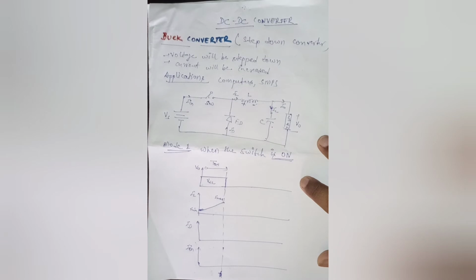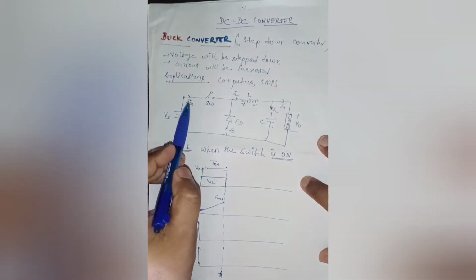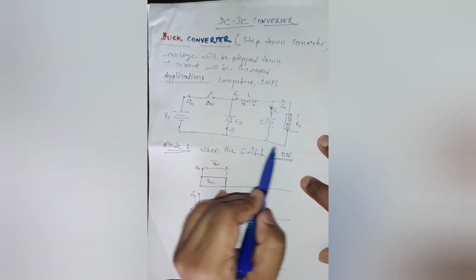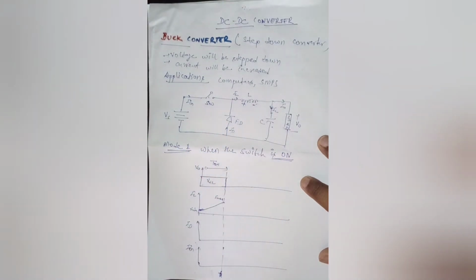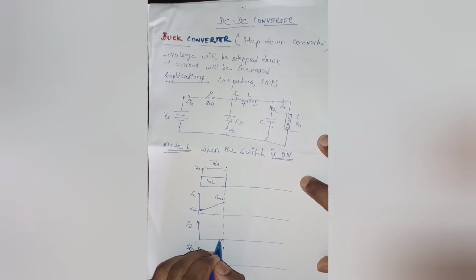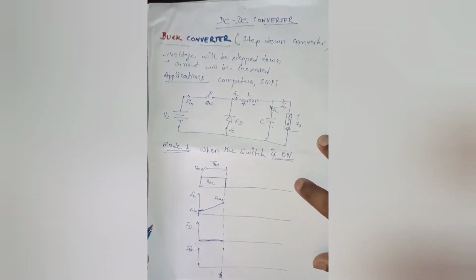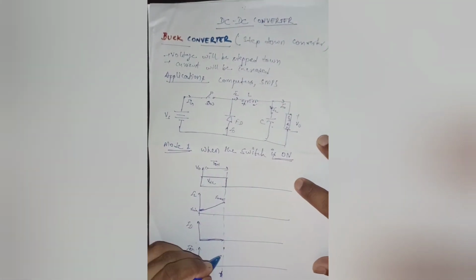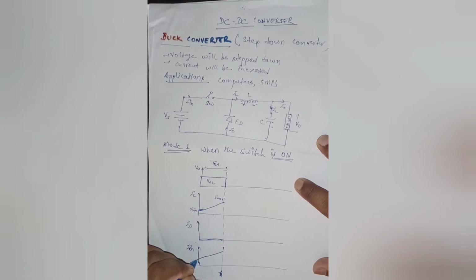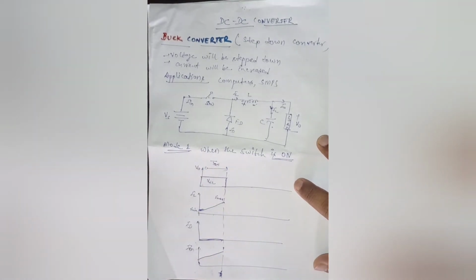And there will be no current through the freewheeling diode because it is not working, so ID will be 0 at that time. And the input current will be the same as the inductor current, so it will be like this.